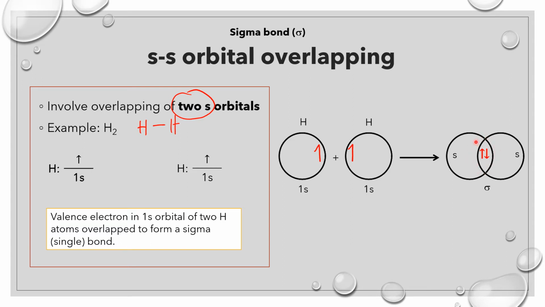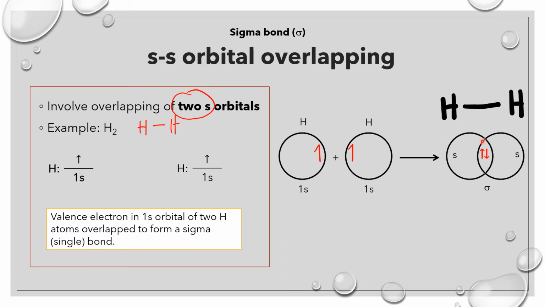And not to forget also, initially the spin of the valence electron is upward, but when shared, there must be paired spin. That means one electron spins up, the other one must spin down. So the area of overlapping here is actually showing the formation of single covalent bond, as you have learned in the previous lesson.